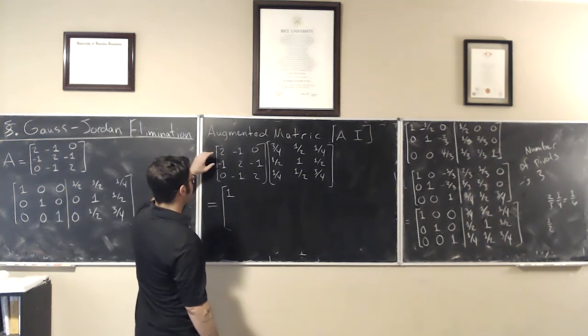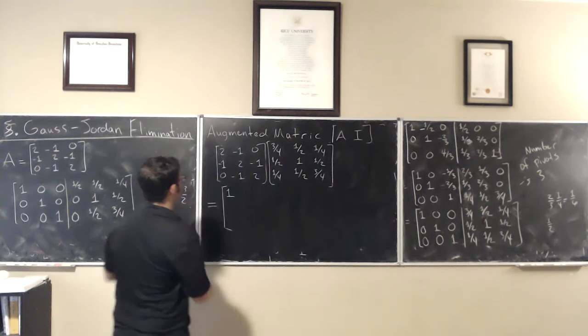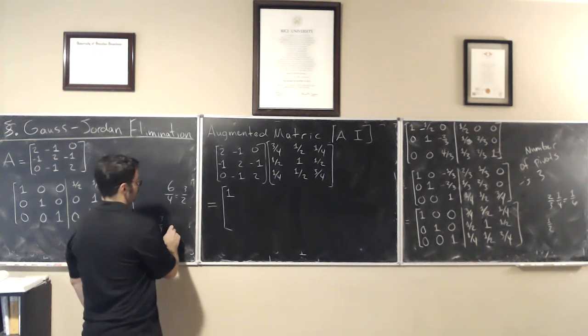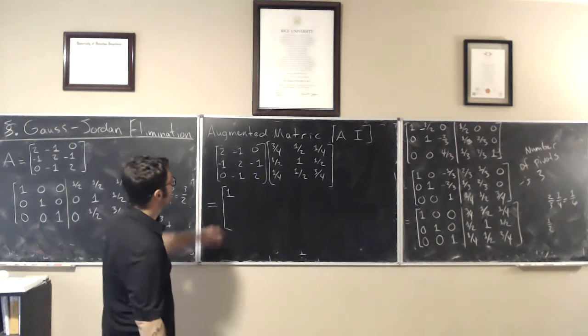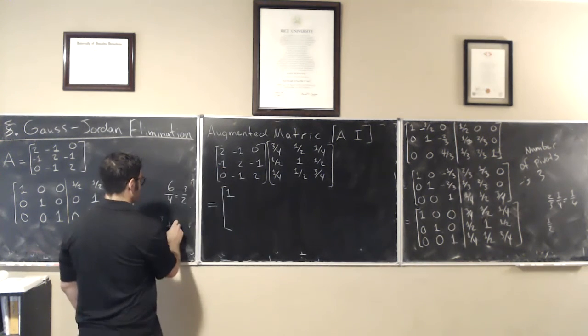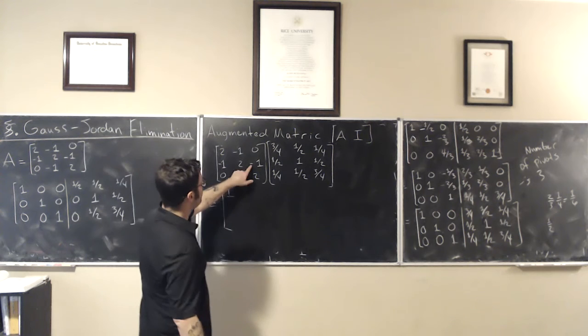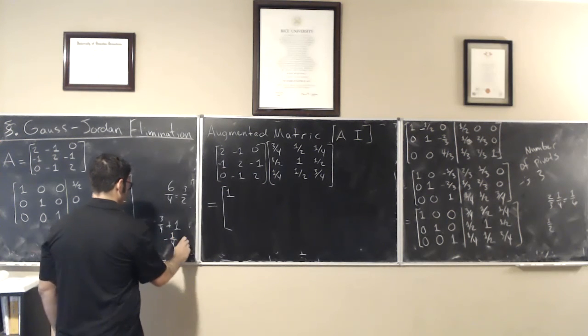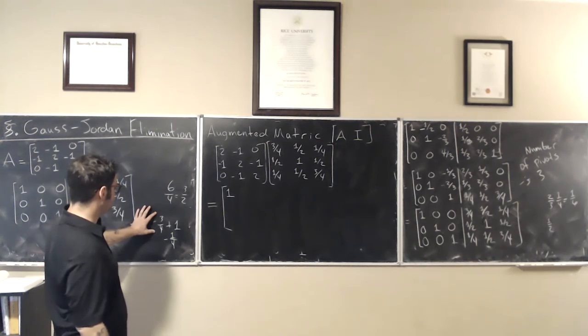In this entry, we have 3/4 of, so negative 3/4 plus 1/2 of 2, so plus 1 minus a 4th.